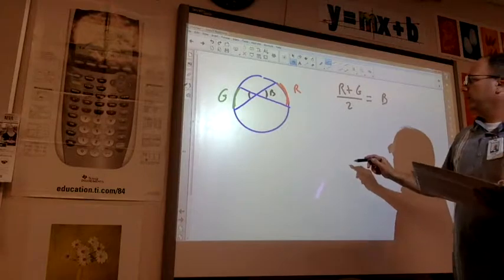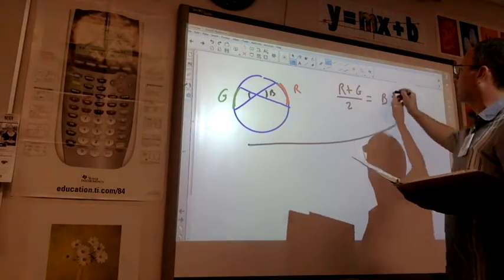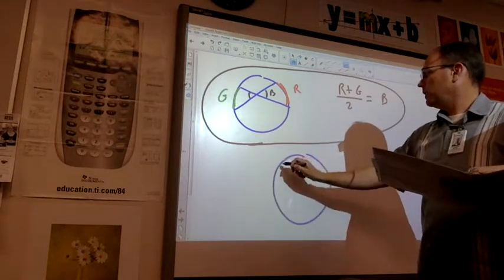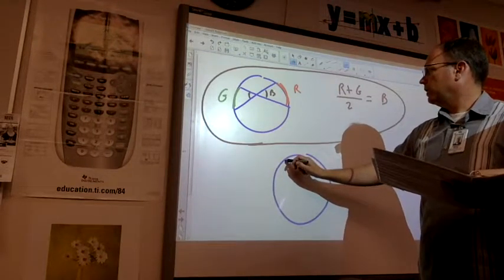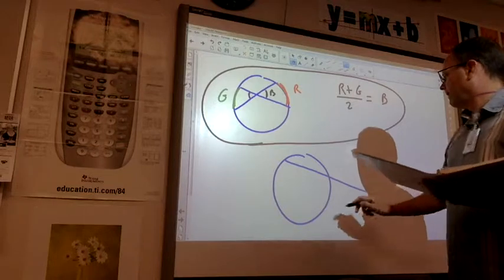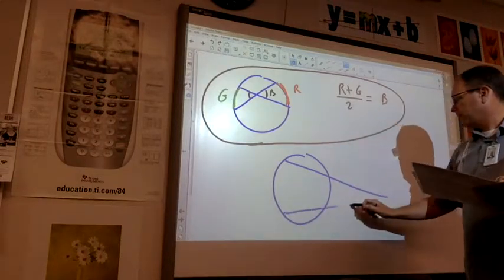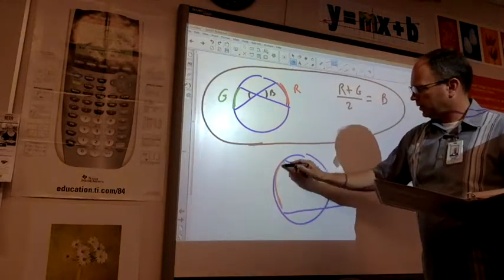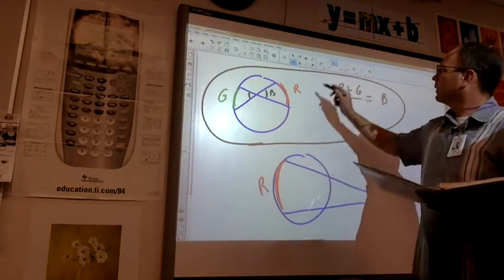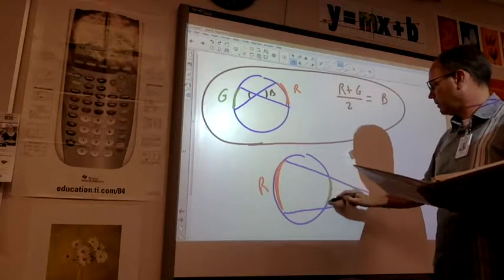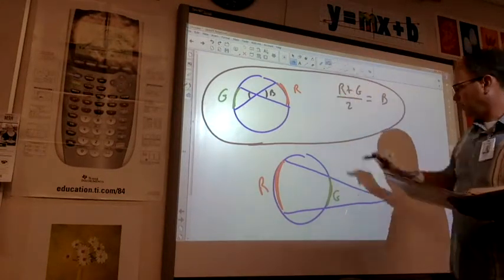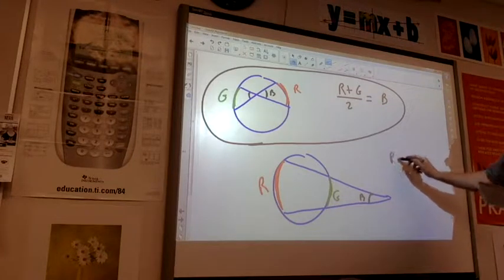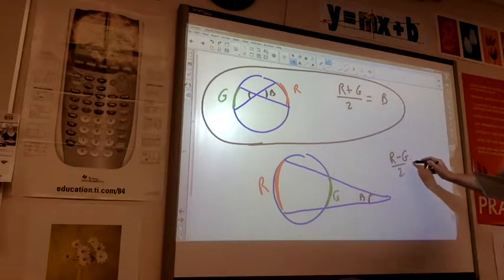If you had that same type of shape, and you wanted this, and this, and this, that's going to be R minus G divided by 2 equals B.